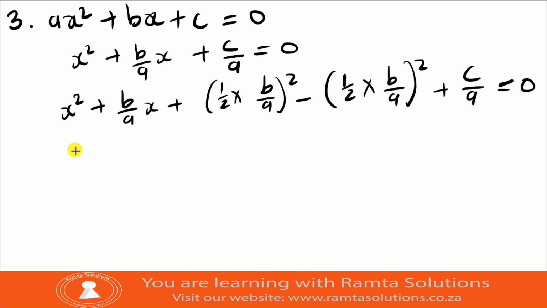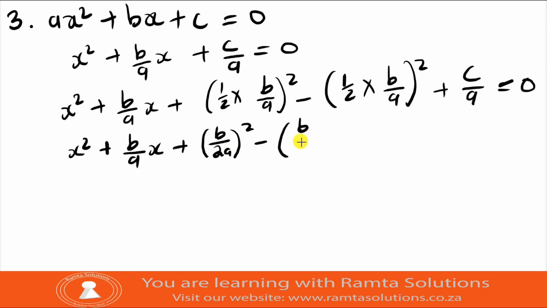Alright, so further simplification, x squared plus b over a times x plus b over 2a all square minus b over 2a all square, right, plus c over a equals 0.